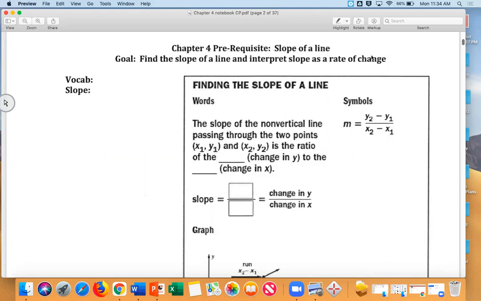So slope was defined as what, Louis? What's slope? All right, well, we talked about slopes being related to hills, right?